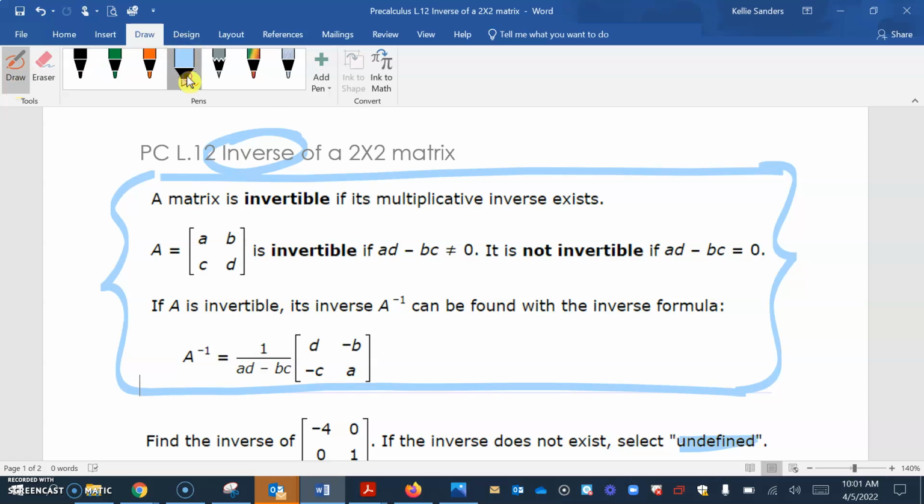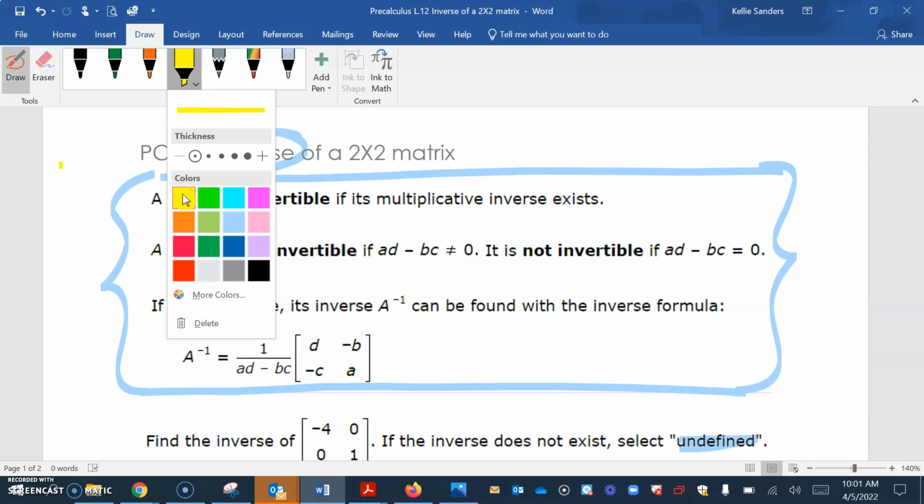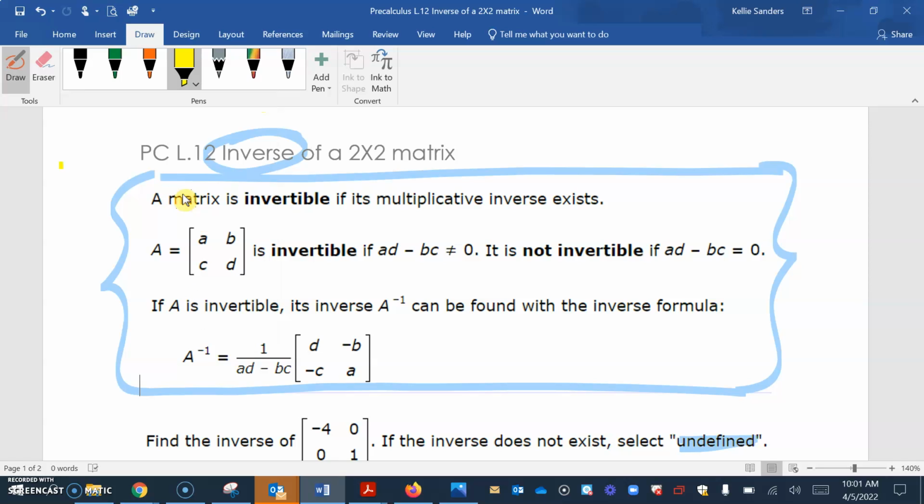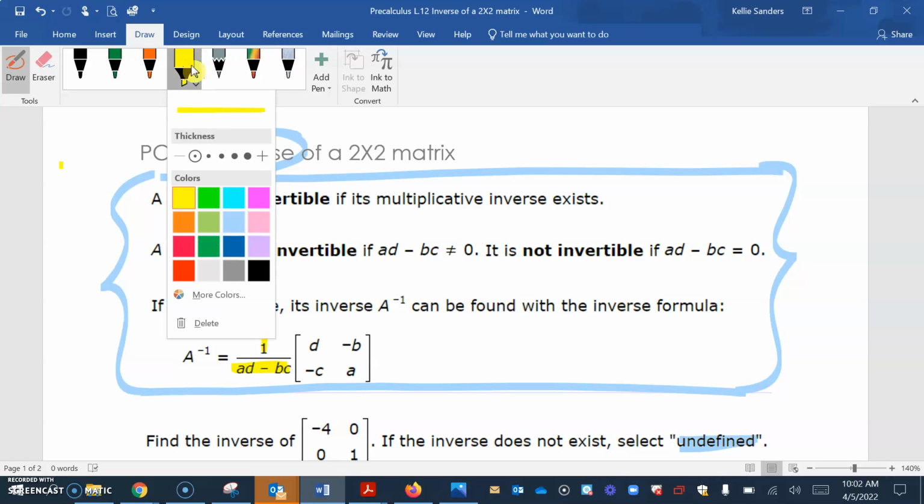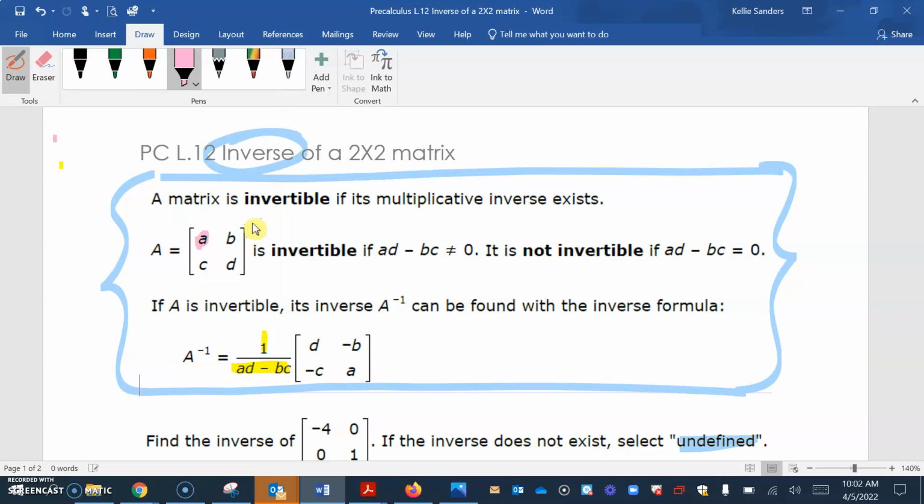I guess I'll go ahead and explain a few things then. After we find the determinant, we're going to put it under 1 and make it a scalar. And then see where our original was A and D?